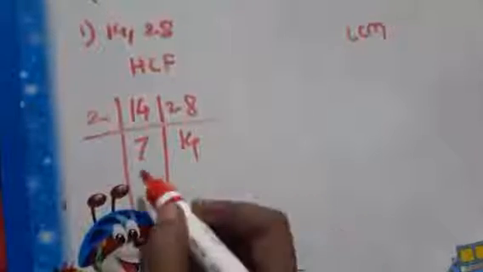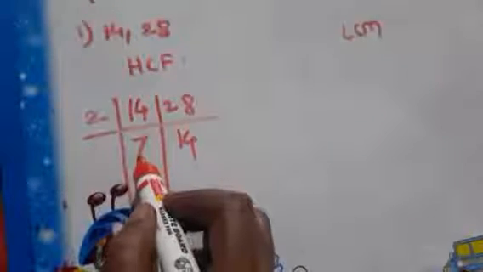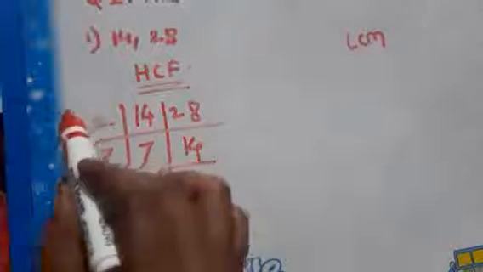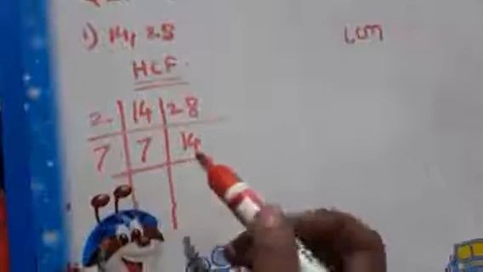3 is not possible. 5 is not possible. Now we will check for 7. 7 is divisible by 7, and 14 also. So for both numbers we can take 7, because we are going to find HCF and HCF only considers common factors. So here we have to take 7.